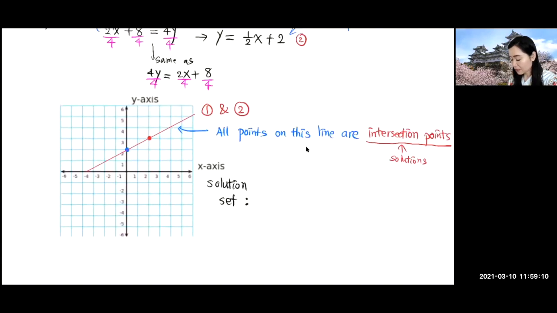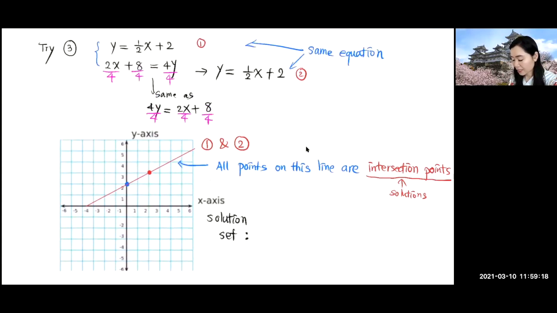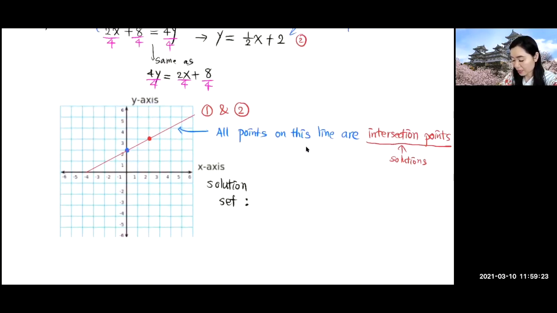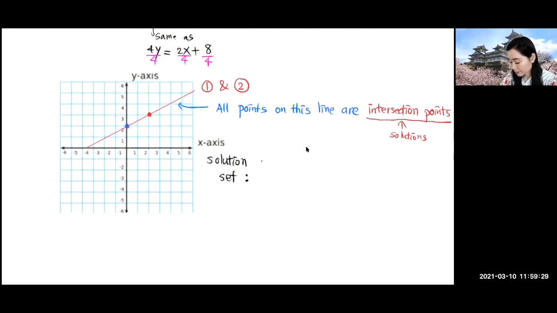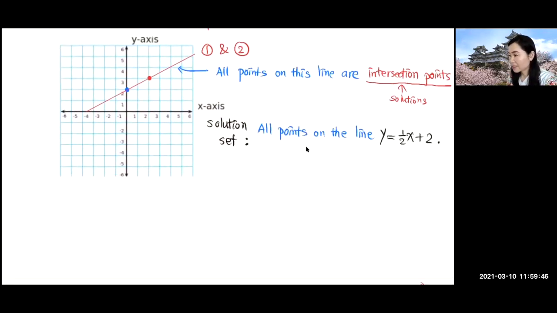Okay. So what are the solutions? The solution will be all points on this line. So only those points on this line will satisfy this equation, right? Okay. So the solution set over here we'll write down will be all points on this line. So this is in words.